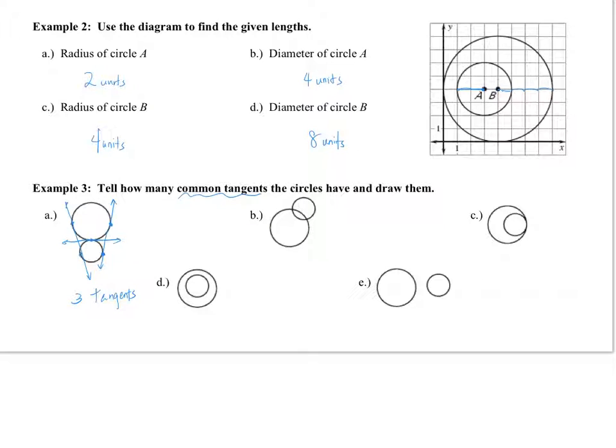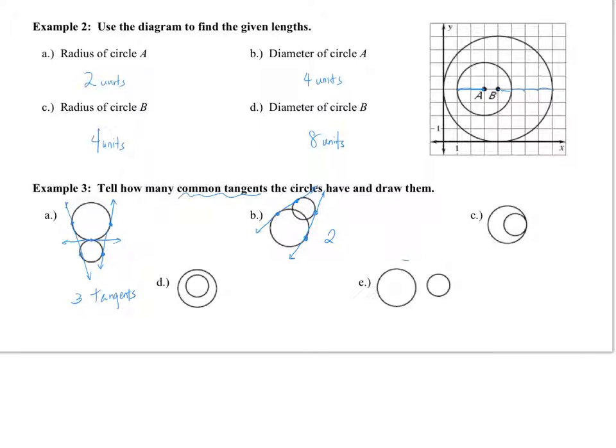And part B, because these 2 circles intersect in 2 points, we can't draw a tangent line in between, but we can still draw a tangent line that intersects each circle in 1 point from each side. So that makes 2.